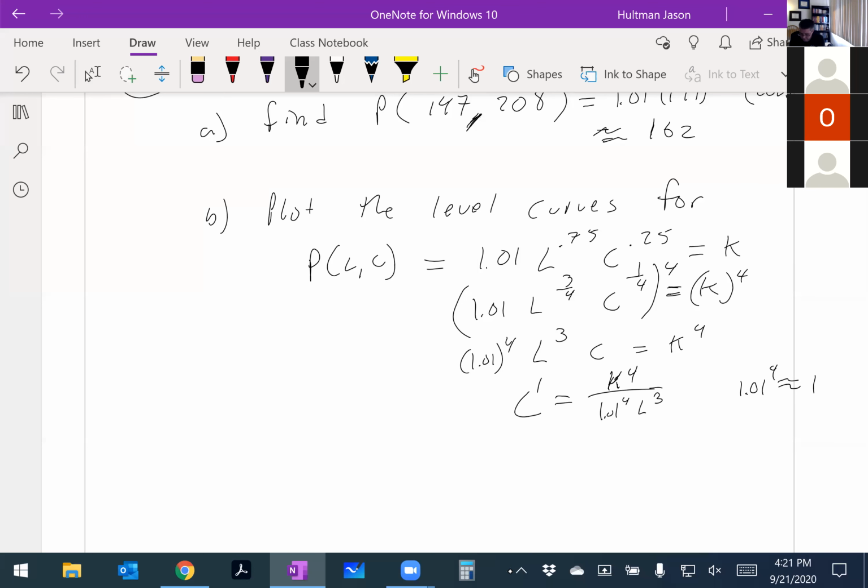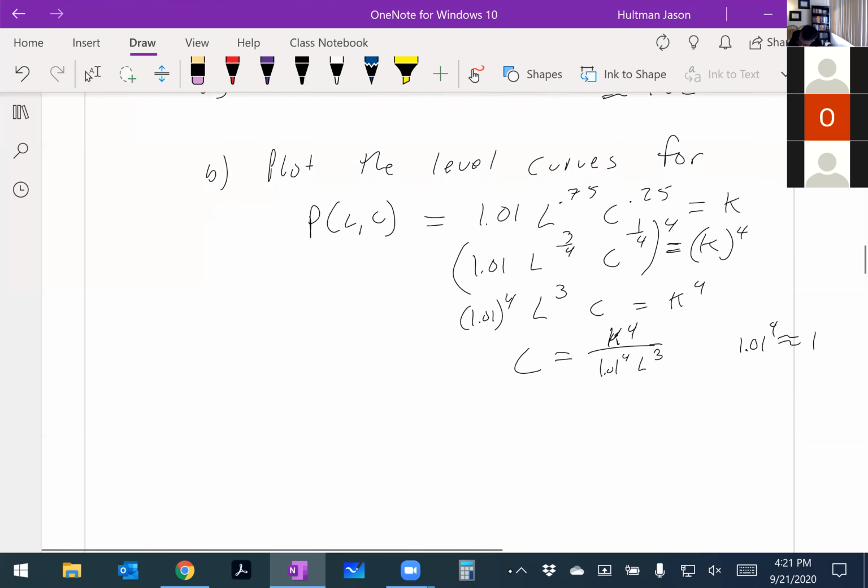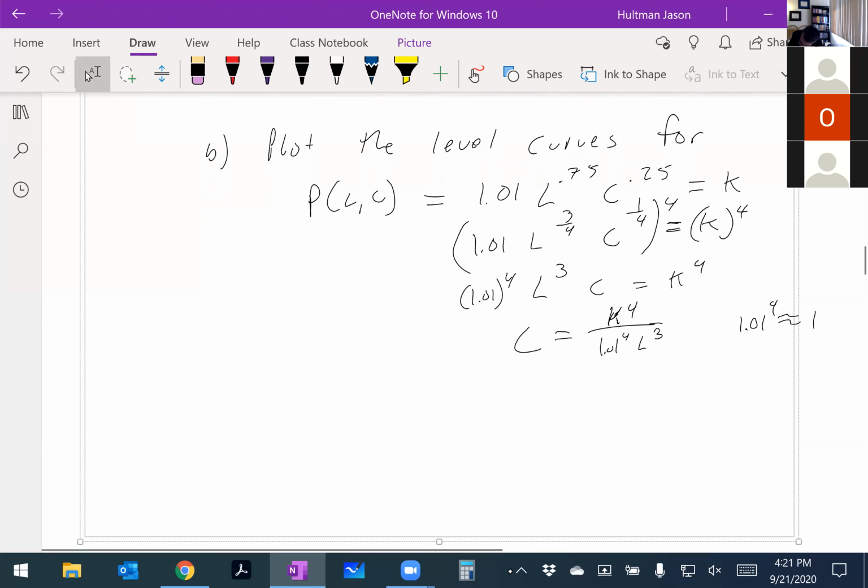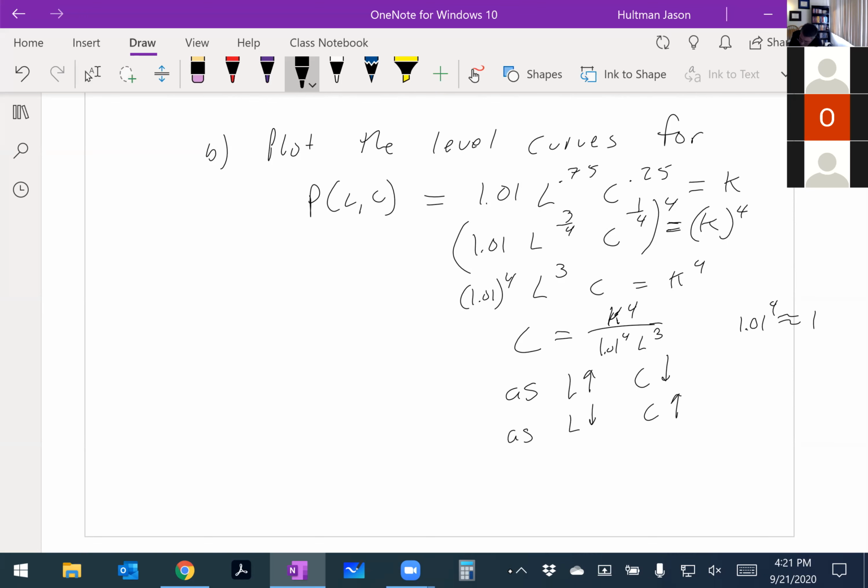So there's kind of an inverse relationship here in that as L increases, as L goes up, C decreases, right? And vice versa, okay? As L decreases, C increases, right? So they have kind of this inverse relationship between each other.